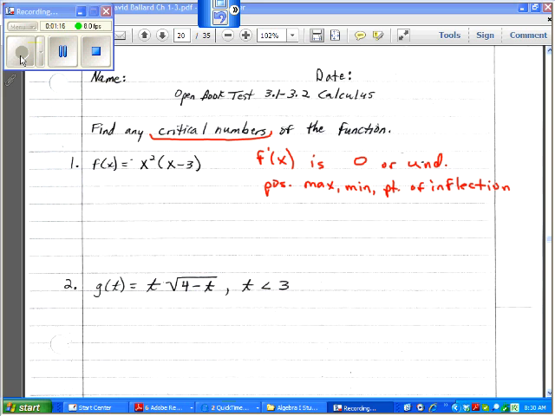So if we wanted to find the critical numbers, we would first find the derivative. Now, we could use the product rule, or we could distribute and make it a little bit easier on ourselves. So we're just going to change this to f of x is equal to x cubed minus 3x squared, and then take the derivative.